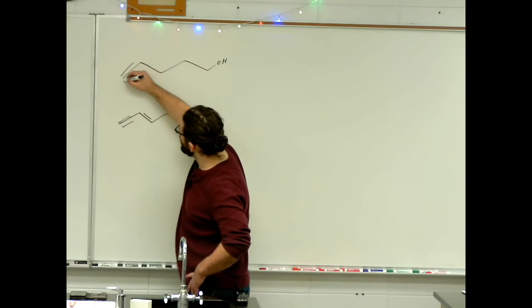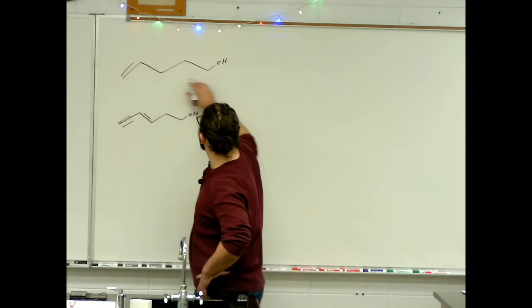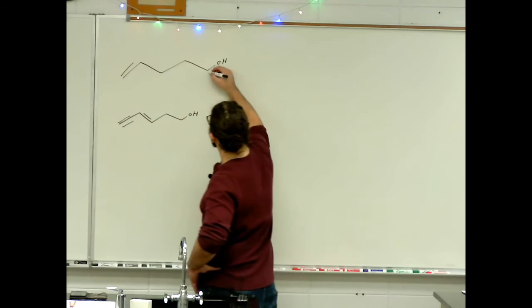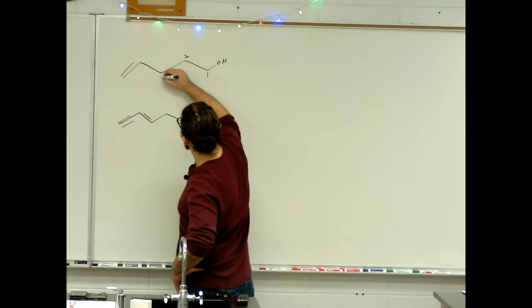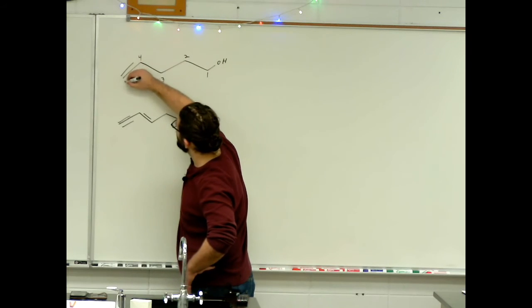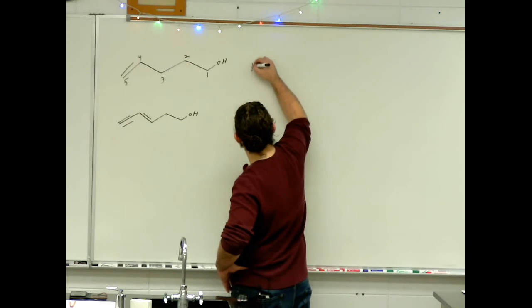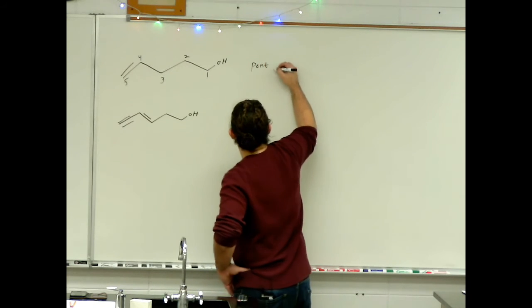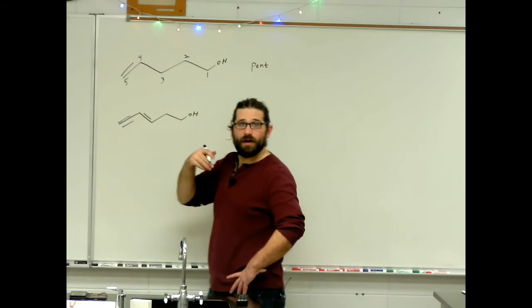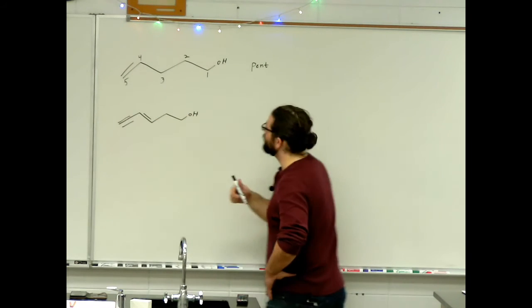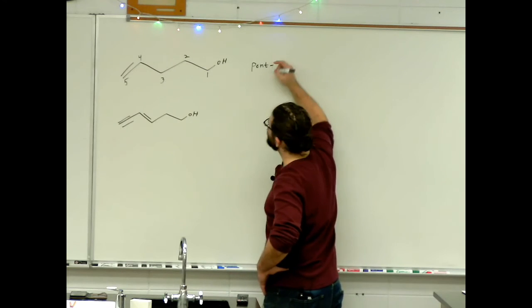I'm going to number this carbon chain from the alcohol because the alcohol has a higher priority. So we go 1, 2, 3, 4, 5. So this gets the name pent. And since it's an alkene, since it has that double bond, it's got that "-ene" suffix. It still has that. But we need to give that the number 4.